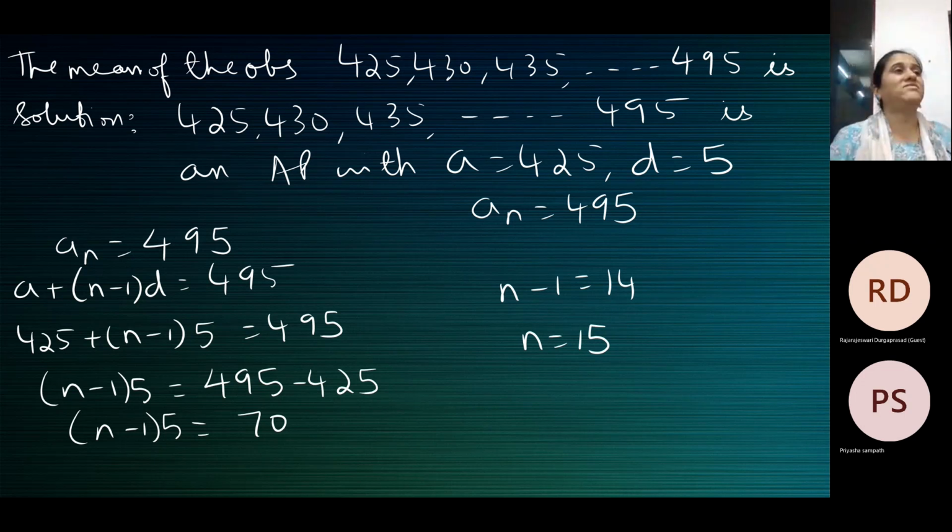n is 15. Now use the Sn formula to find the sum of all these terms. So how do you find Sn? Sn is equal to n by 2 of a plus l, correct? So how many terms? 15 terms. S15 is equal to 15 by 2 of 425 plus 495. 425 plus 495 is 920.